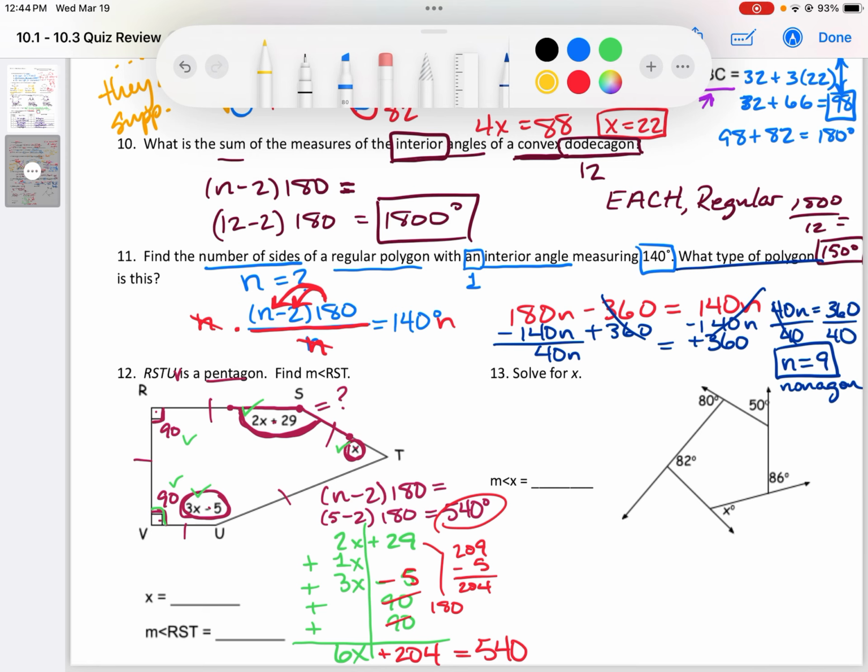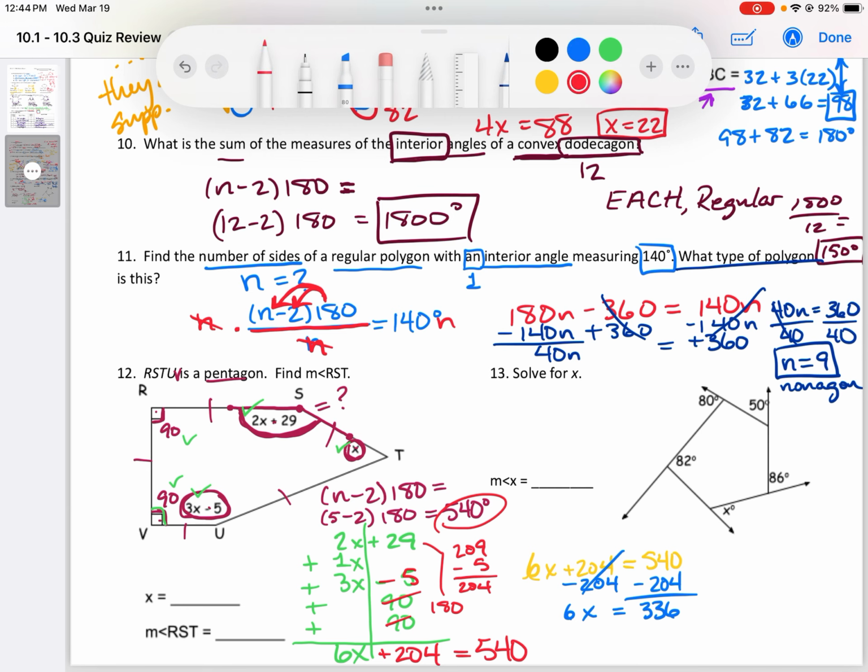I'm kind of running low on room right here, so I'll write it real tiny over here. 6x plus 204 equals 540. My first step is I'm going to subtract 204. That leaves me with 336.